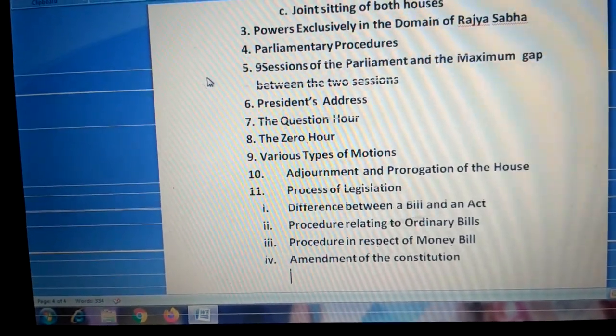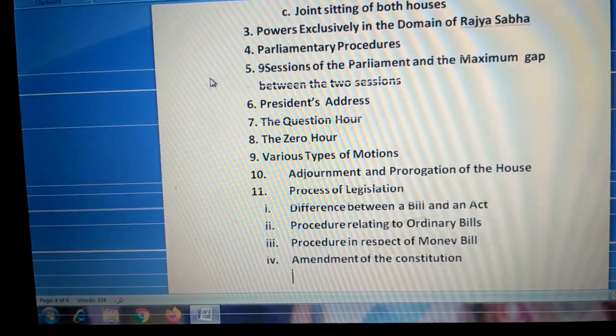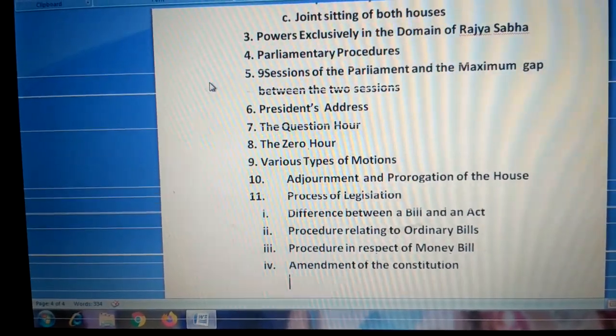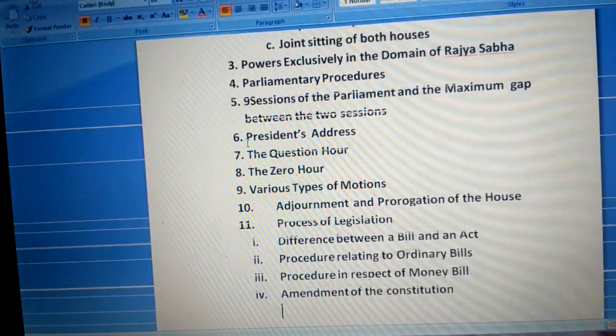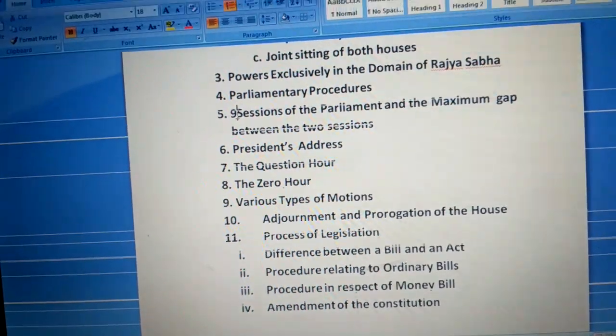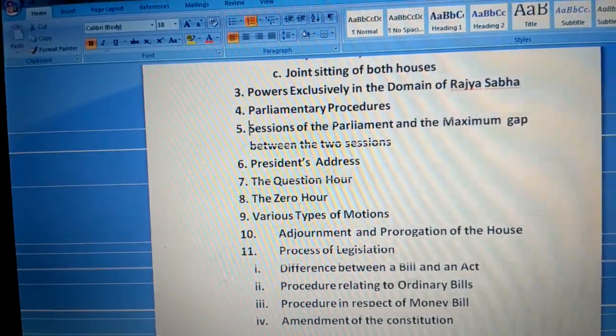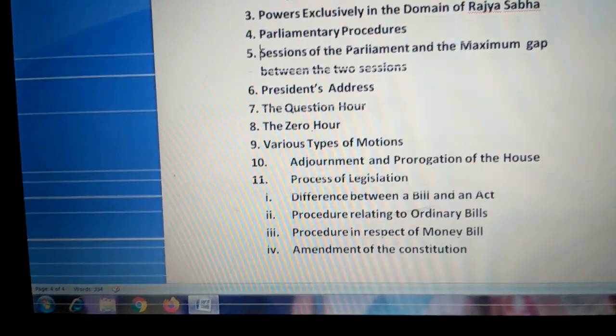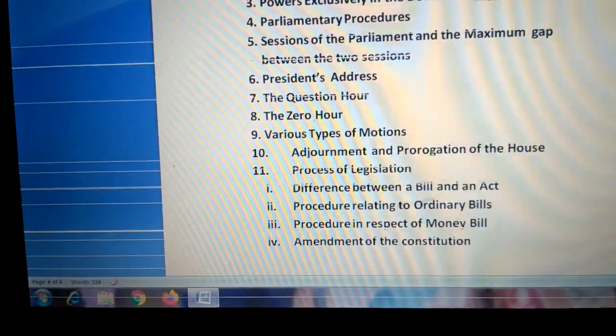Then next one, that is sessions. The next question number 5: sessions of the parliament and the maximum gap between the two sessions.